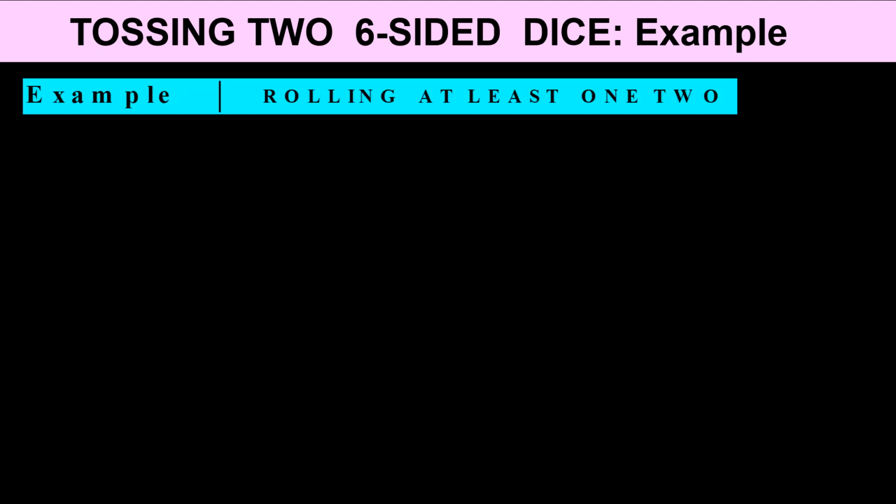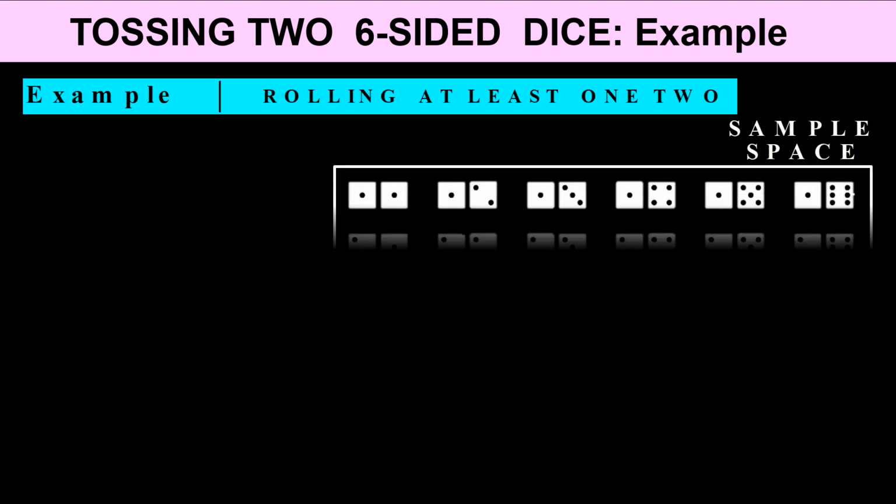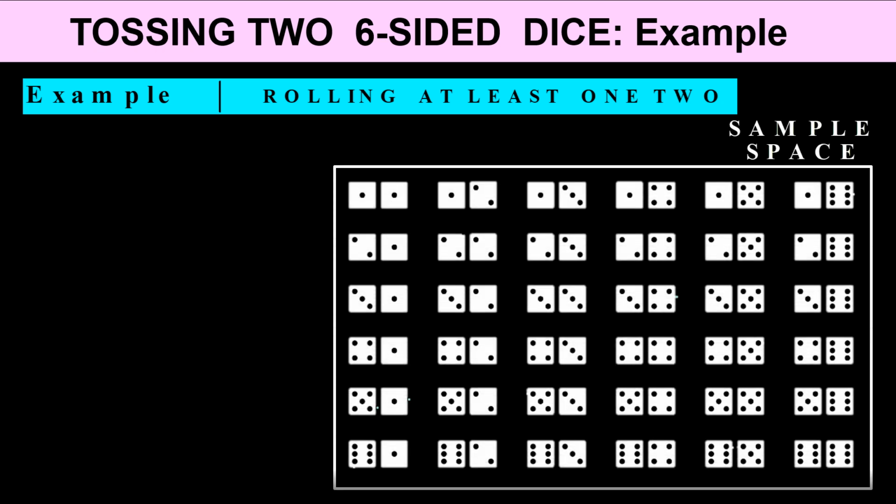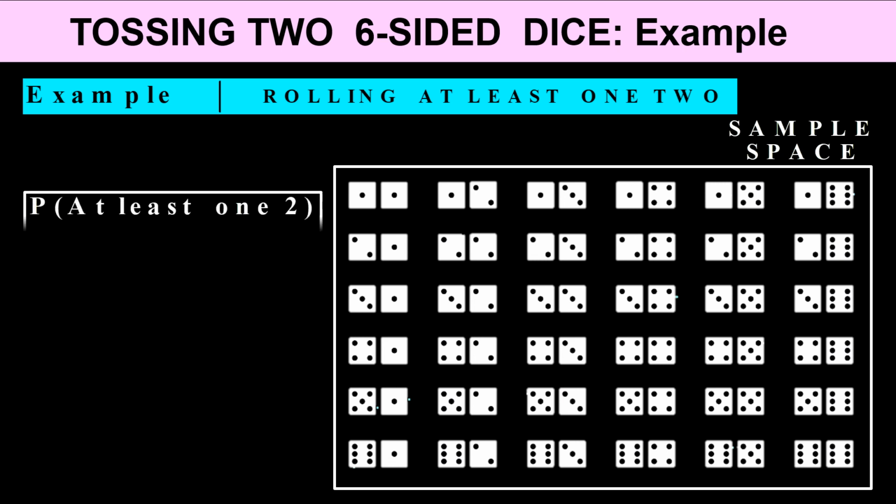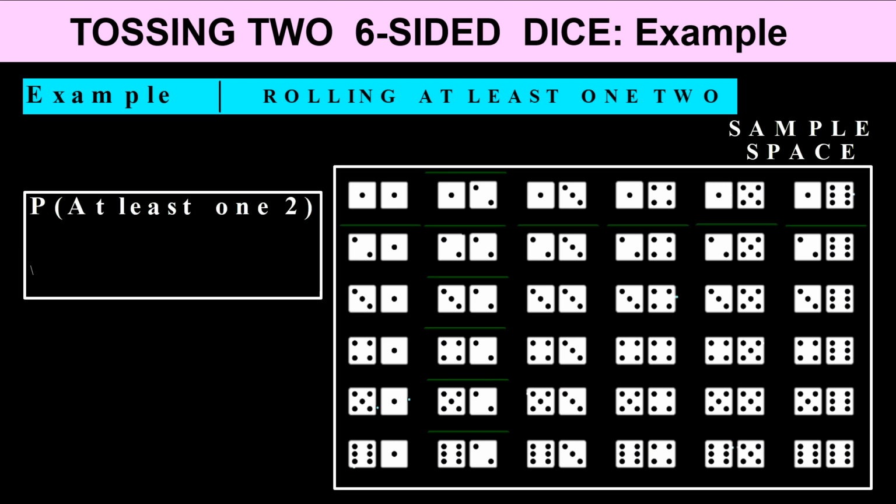Now let's again toss two fair dice, but we want to look at the probability of rolling at least one 2. What do we mean by at least one 2? In other words, there must be a 2, and the other die could also have a 2. So that's our sample space. Where do you see at least one 2?